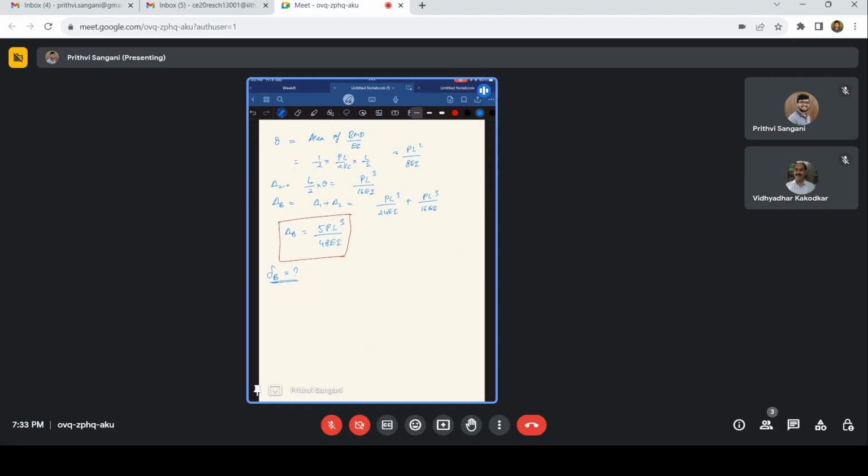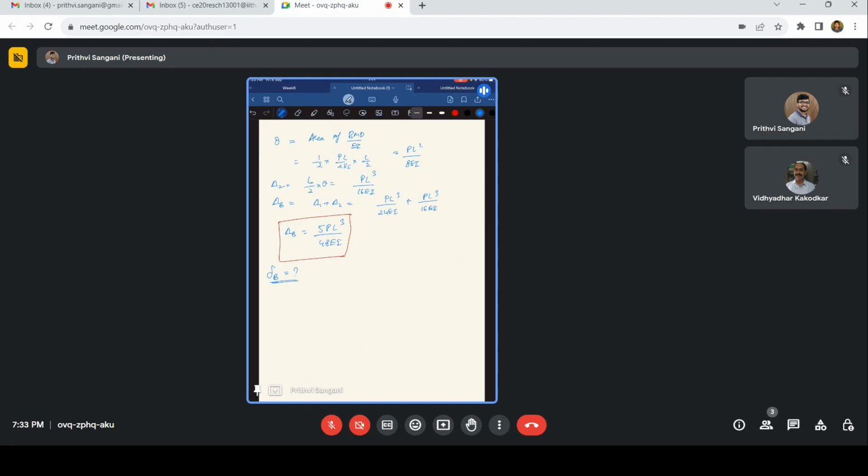You can take other sign conventions, but as this is an algebraic sum, I am assuming downwards as negative and upwards as positive. So we have VB L cube by 3EI plus the other one, MB L square by 2EI, that should be equal to 0. This is equation number one.